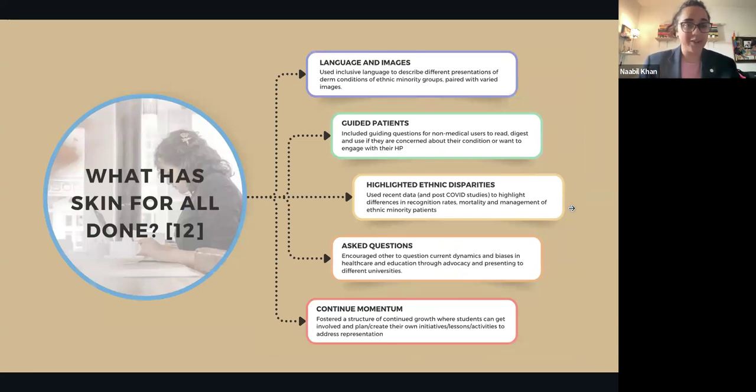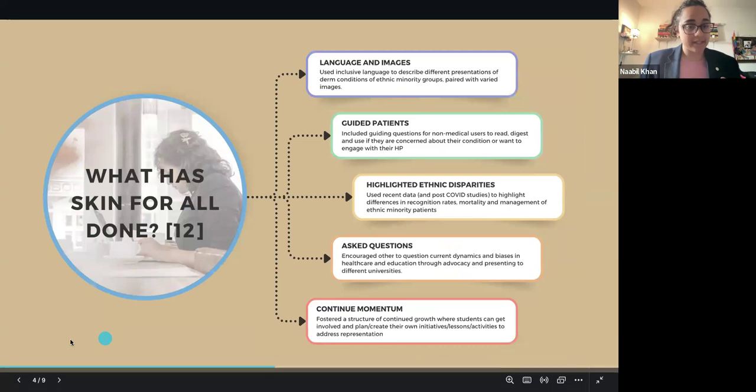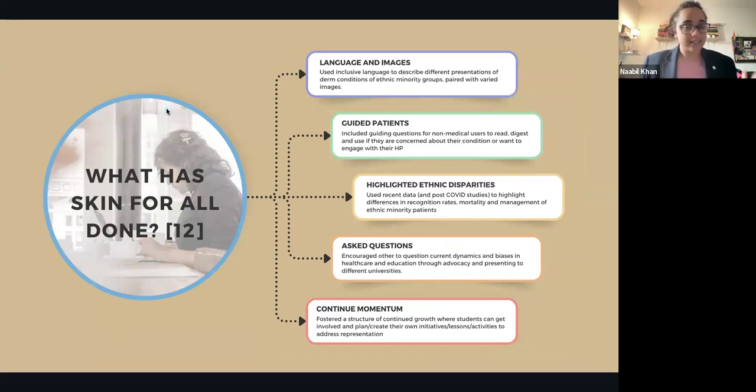So moving on to the work I've done with Skin for All, I would very much categorize Skin for All as a network and initiative, which focuses on medical representation and why it's so, so important. So this is what Skin for All has done so far. We've used language and images to highlight the racial inequalities, especially when it comes to dermatological presentations.